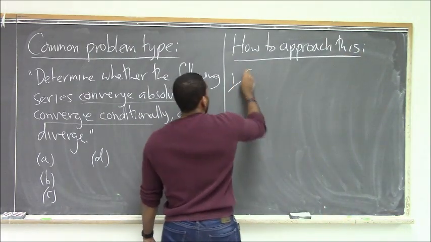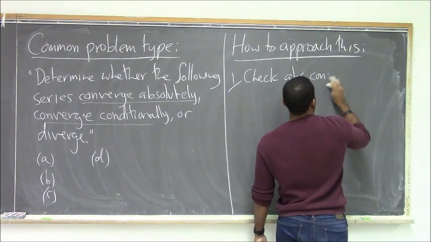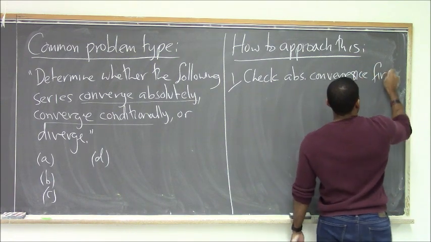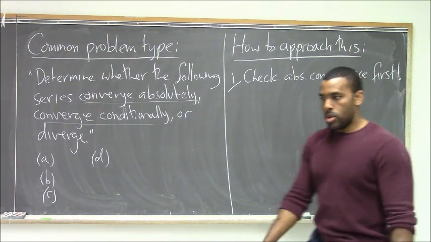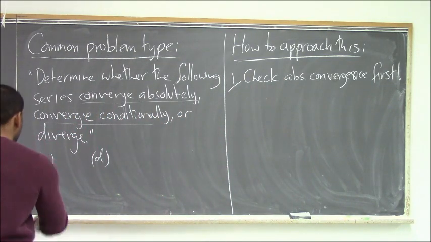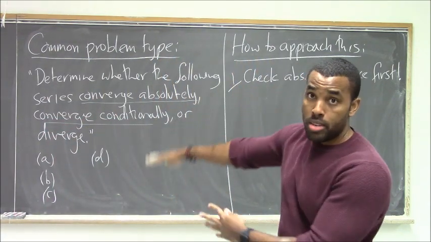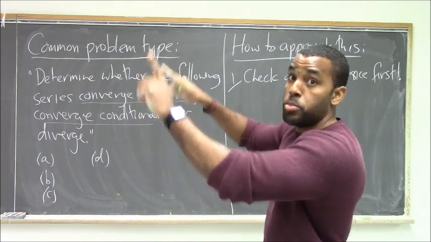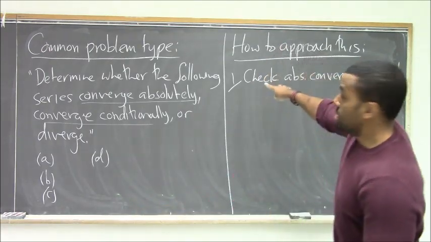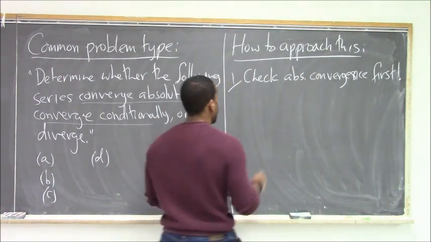Step 1 is, you want to check absolute convergence first. Okay? And so you have a couple possibilities here. If I give you this problem type, a bunch of series, what you're going to do is first put absolute values around each term of all those series, and then run a test. This is called checking for absolute convergence. Now, there are a couple things that could happen here, obviously.